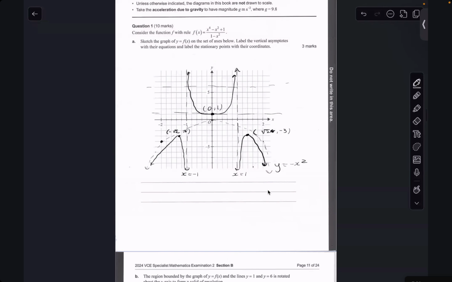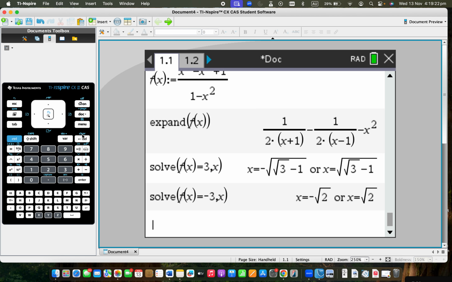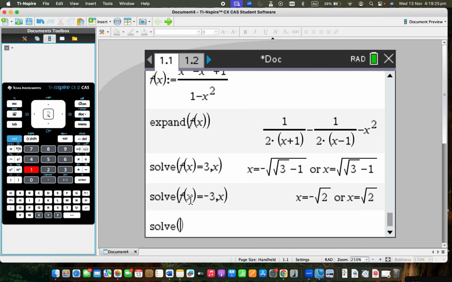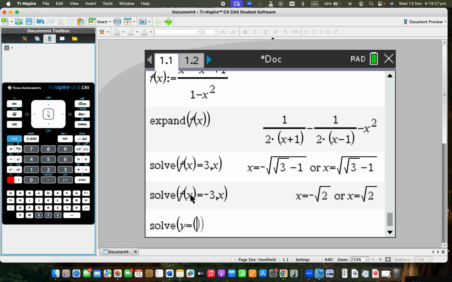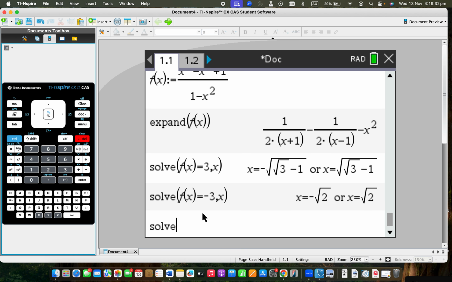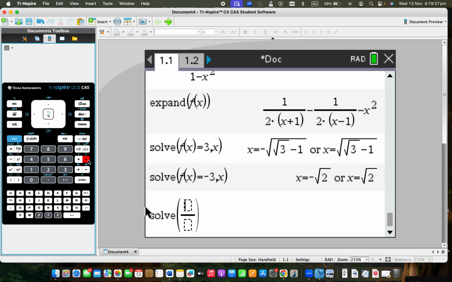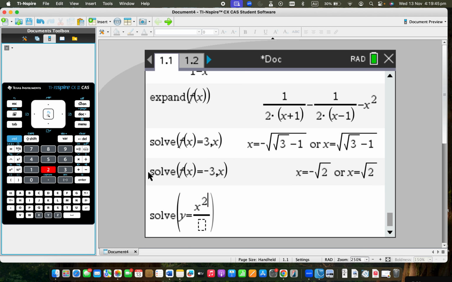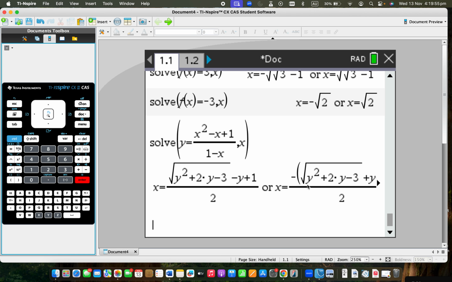And it's going to be, if we solve for x squared, so we can do y is equal to f of x. Oh, that's probably a bit annoying. So what we can do, because you'll see there's x squared everywhere, you're solving for y is equal to, now here it's going to be x squared minus x plus 1 over 1 minus x, where x is x squared, if you imagine that. And you want to solve for x because x is x squared.